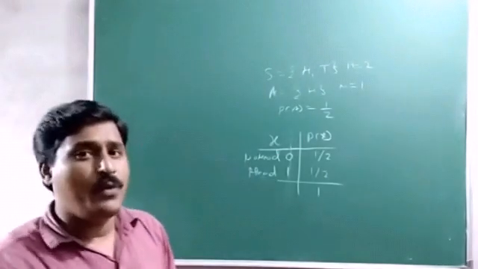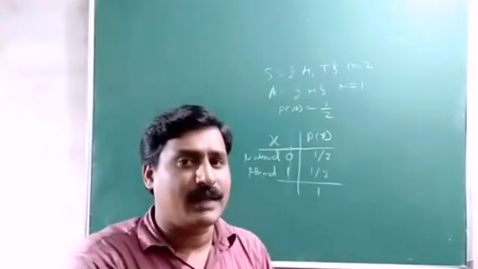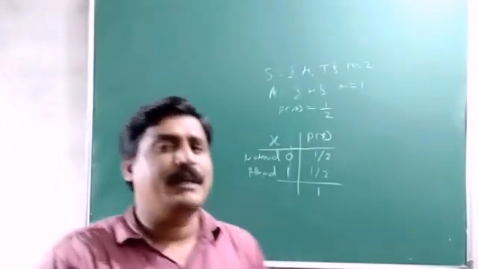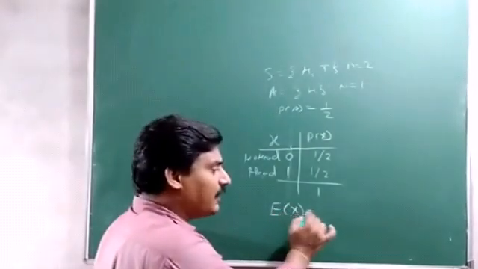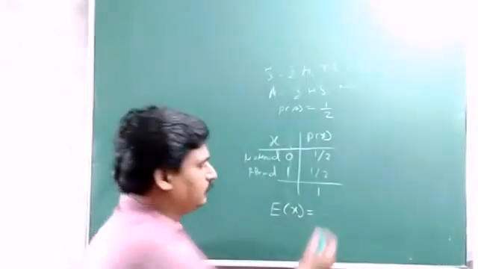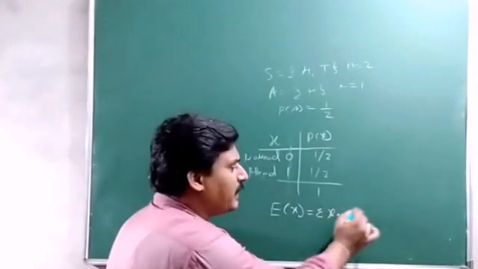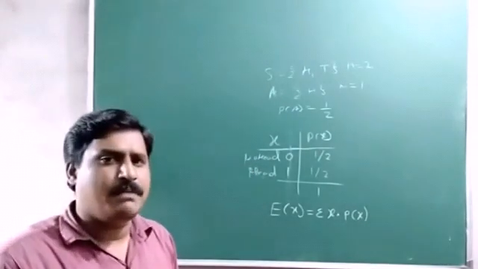Now we learn with other examples how to assign random variables and how to find expectation of x. So expectation of x, what is the formula? Expectation of x, E of x, is equal to summation x into P of x. Simple.